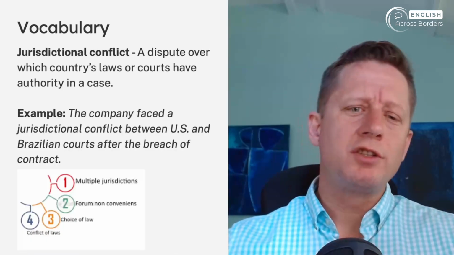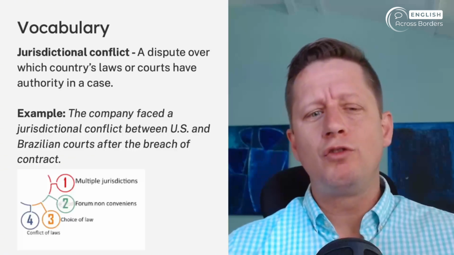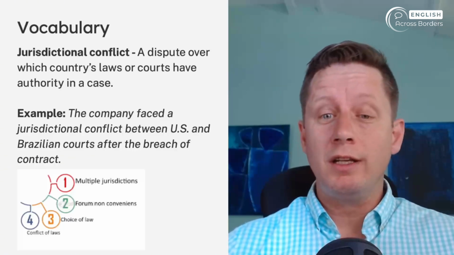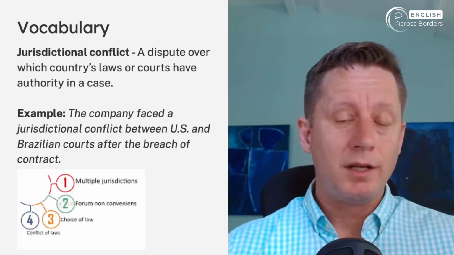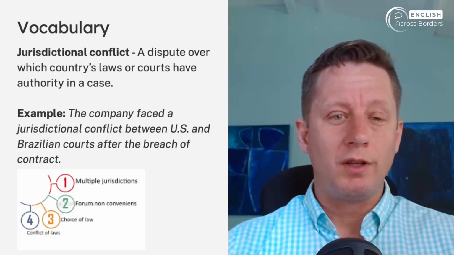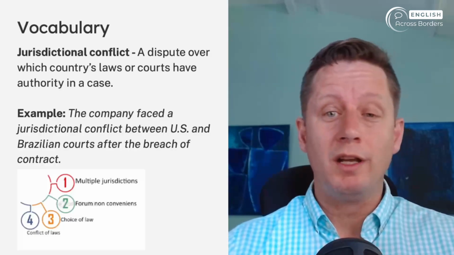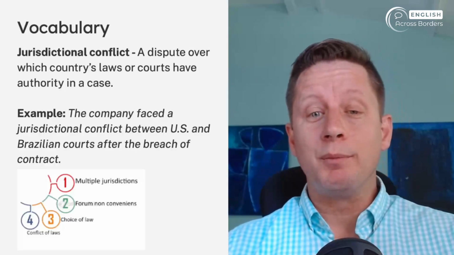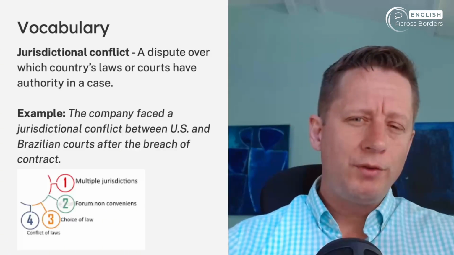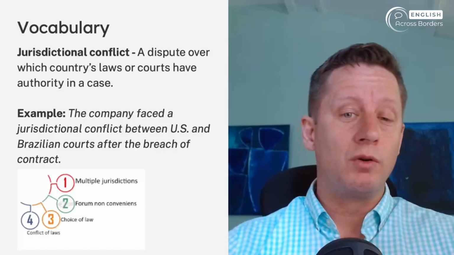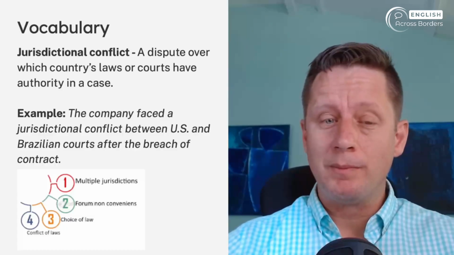A jurisdictional conflict arises when two or more countries could legally decide the same matter. In cross-border disputes, like a breach of contract between a U.S. investor and a Brazilian manufacturer, both sides may argue that their local court is the proper venue.